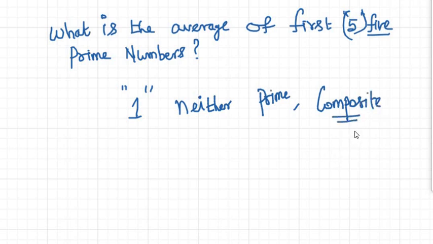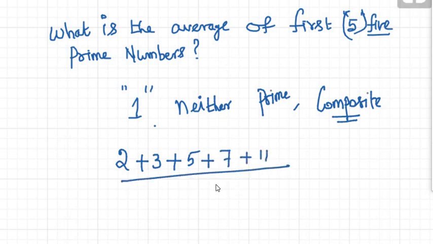These are composite numbers. So 1 is neither prime nor composite. The first 5 prime numbers are 2 plus 3 plus 5 plus 7 plus 11, divided by 5.